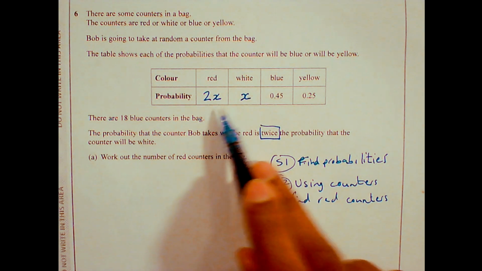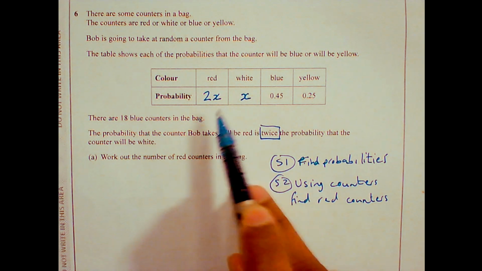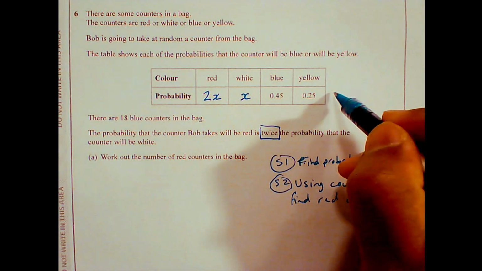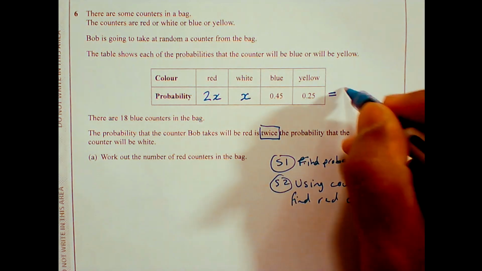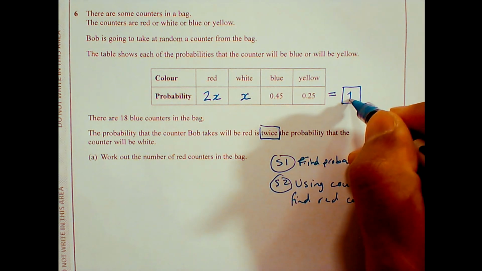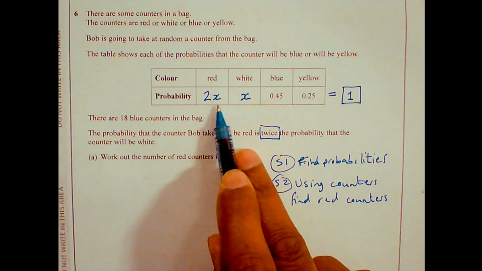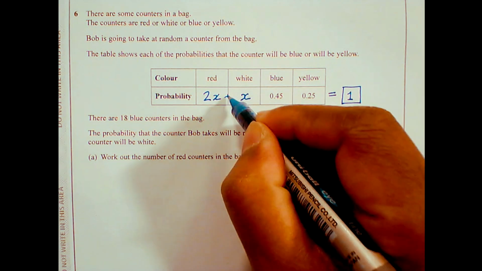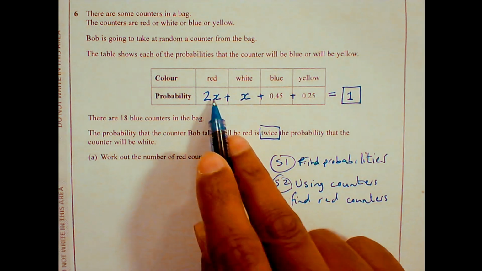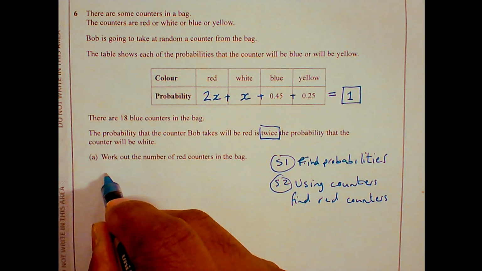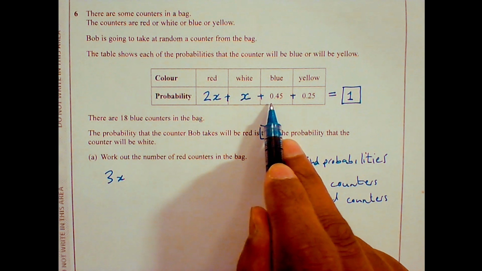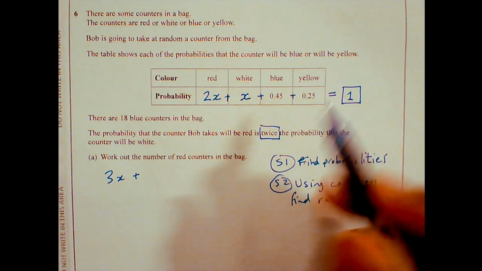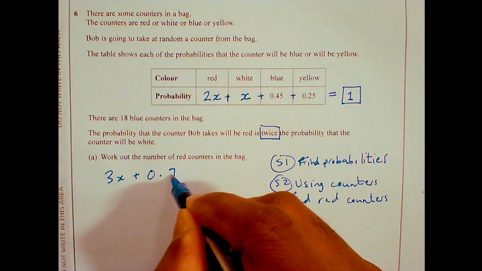So now I've got this information. I've got 2 unknowns, but the good thing is I've got an x in both of them, so I've got 1 unknown in that sense. All probabilities add up to 1. So now I can solve to find out what x is. I'm going to add all of these probabilities together. 2x plus x gives me 3x. 0.45 plus 0.25 gives me 0.7. So 3x plus 0.7 equals 1.